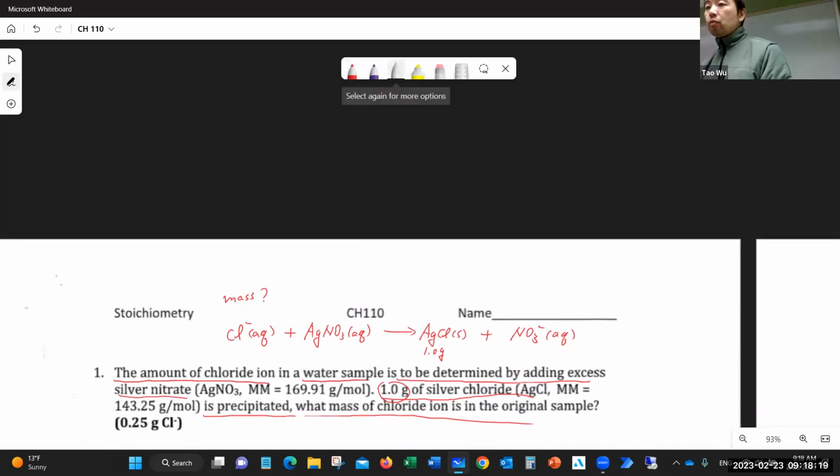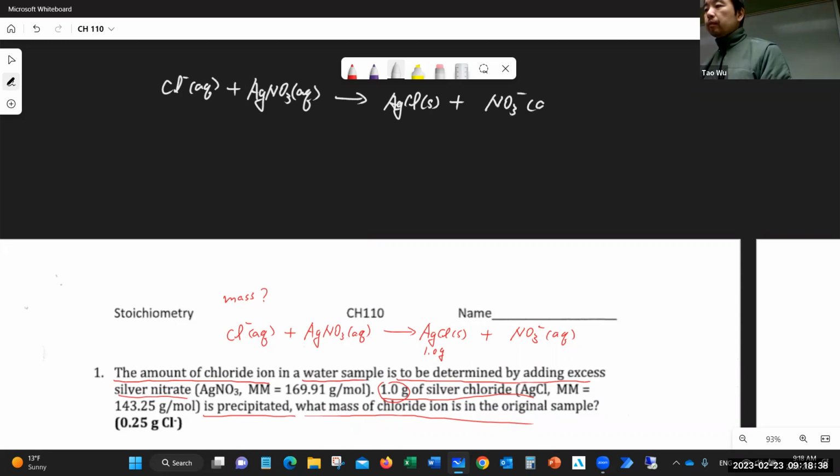So let me just rewrite this over here. We have 1.0 gram of this, and we try to figure out the mass of the chloride ion.